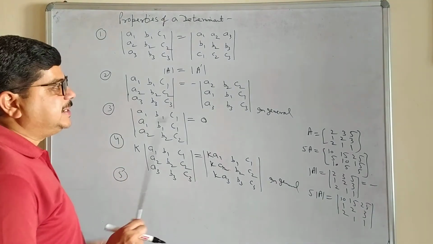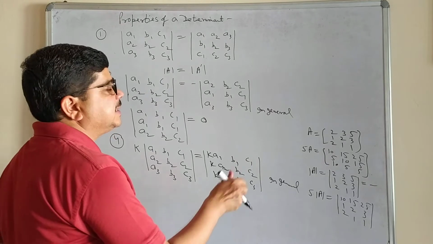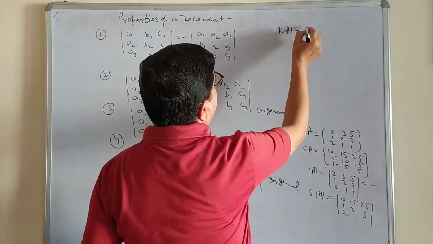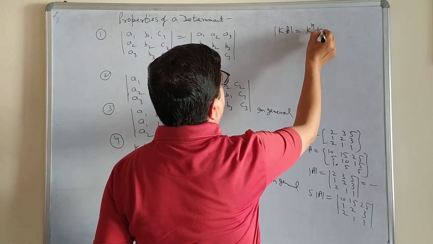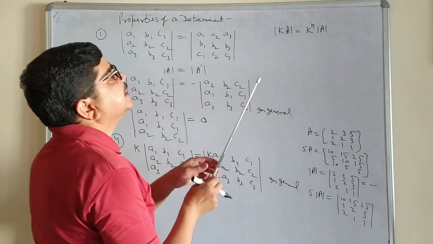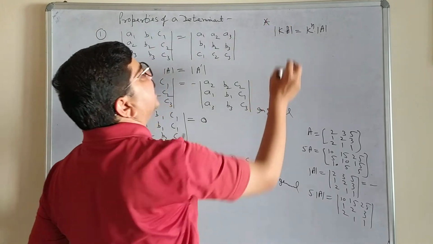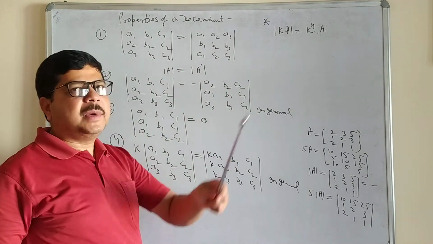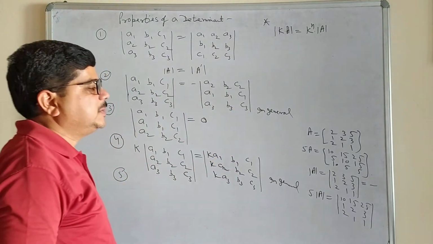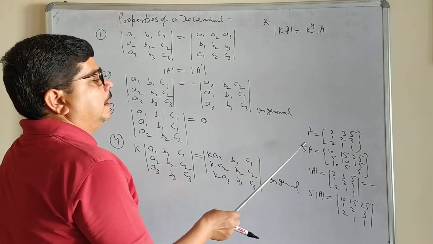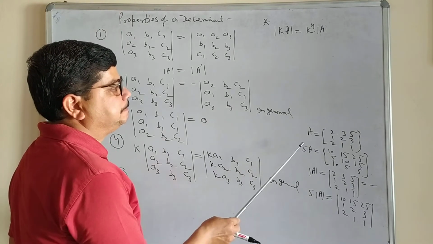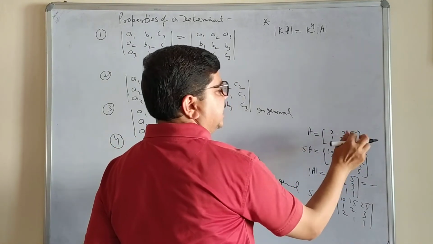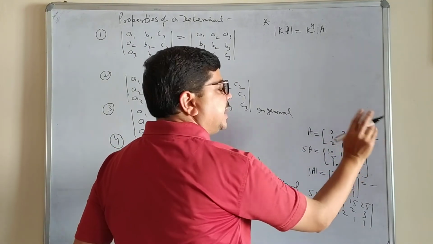So, due to this reason, in the first exercise, I discussed this property: determinant of kA equal to k power n times determinant A, where n is the order. And I told you that most of the time in board examination, a 1 mark question is asked based on this property. Like this is 5 times A, this is matrix A, you are evaluating its determinant, you are getting certain value.